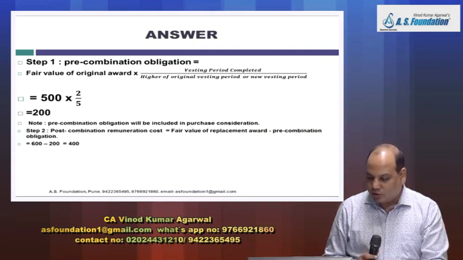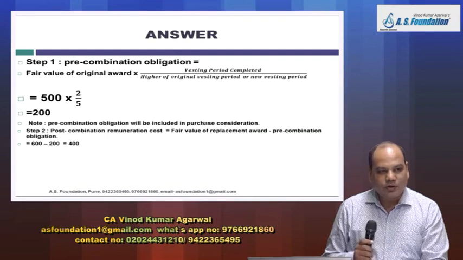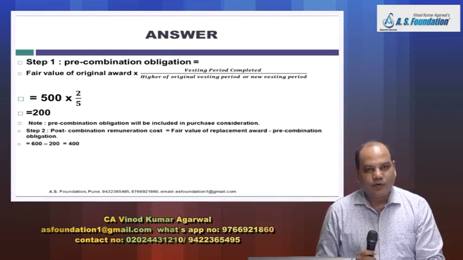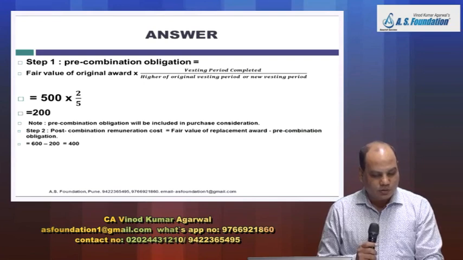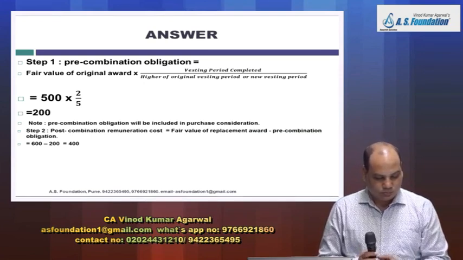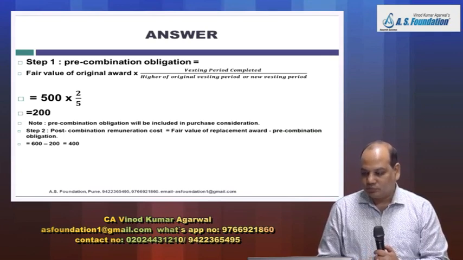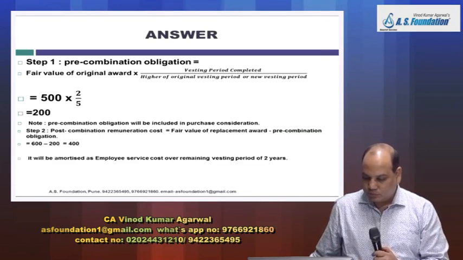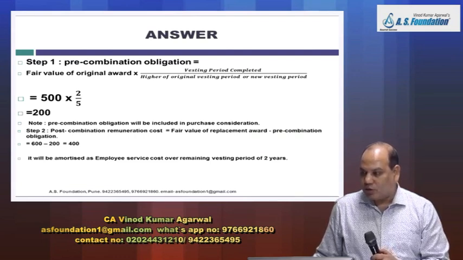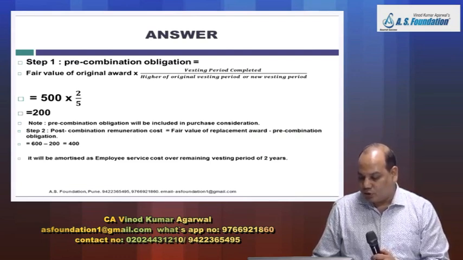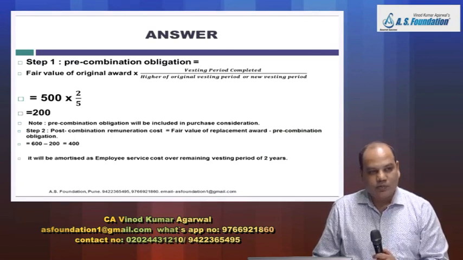Post combination remuneration cost is equal to fair value of replacement award minus pre-combination obligation. 600 minus 200 is 400. Note, it will be amortized as employee service cost over the remaining vesting period of 2 years.